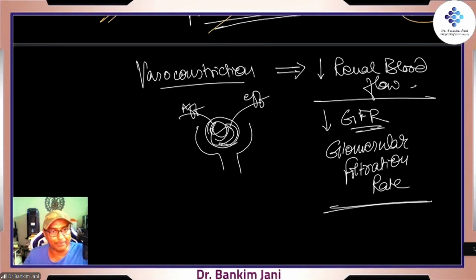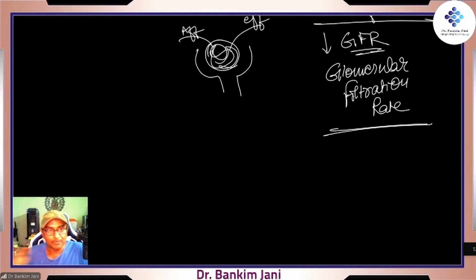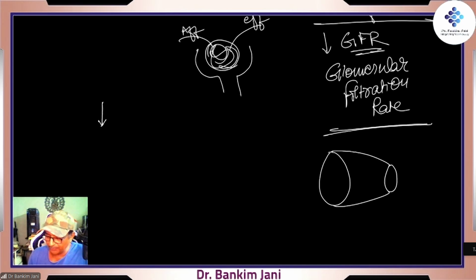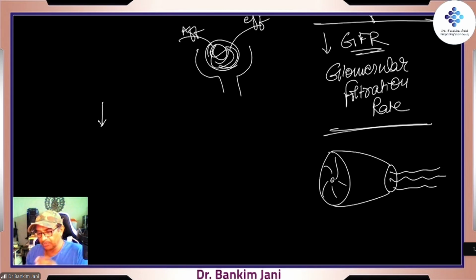Now, what will really happen? Due to this, there is decreased filtration. The afferent arteries are bigger than the efferent. That's why it goes for what is called ultrafiltration. The same principle as jet engines. In a jet engine, on the sides of the wings, there will be a huge, big propeller, and they suck in a large amount of air, and because it gets heated, it is propelled from this small space, so that pressure is generated.